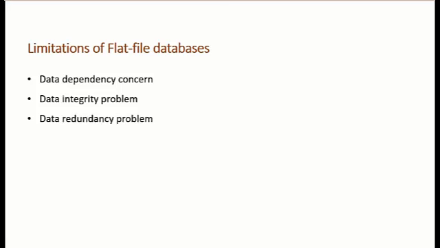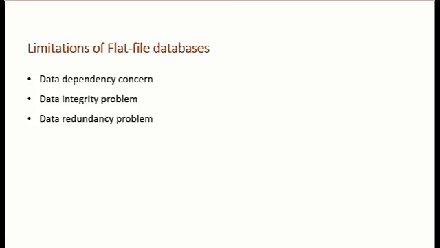The third limitation of flat file databases or traditional file systems is data redundancy. In flat file databases, as there is no key field, repeated data or duplication of data can occur.